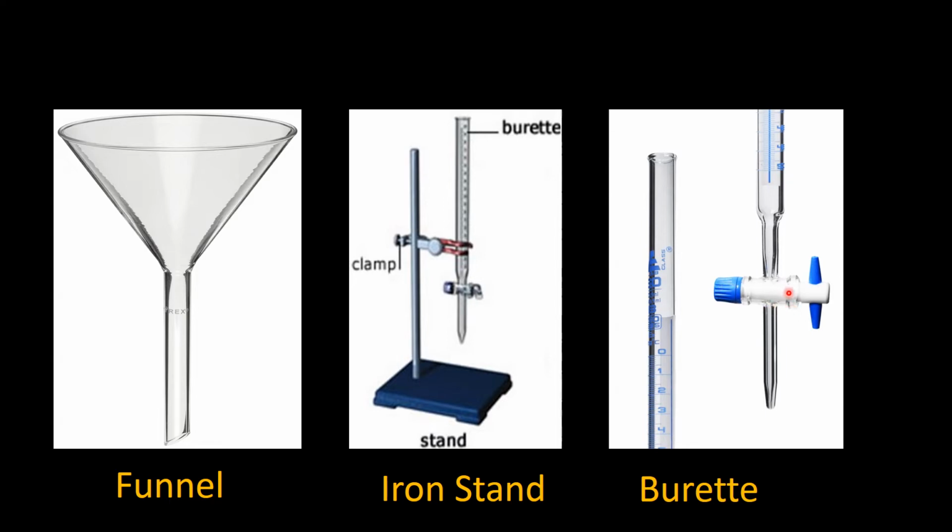We will open it slowly and carefully, so that slowly the acid will move into the base and the reaction will take place. The change of color will take place. We measure the volume of acid used in titrating the base with the help of the calibration present on the burette. In this way we use all these apparatus to carry out the process of titration.